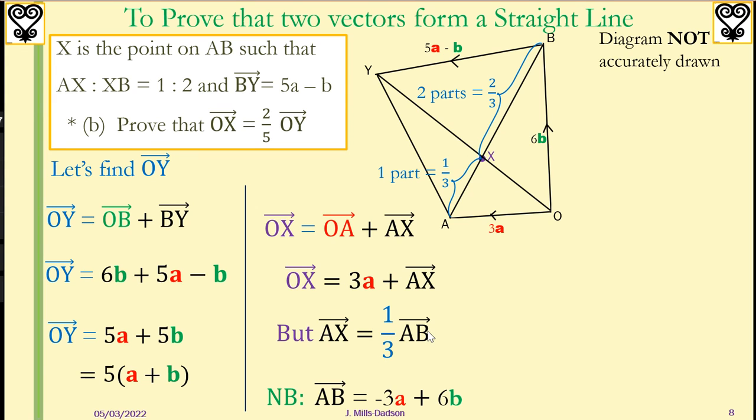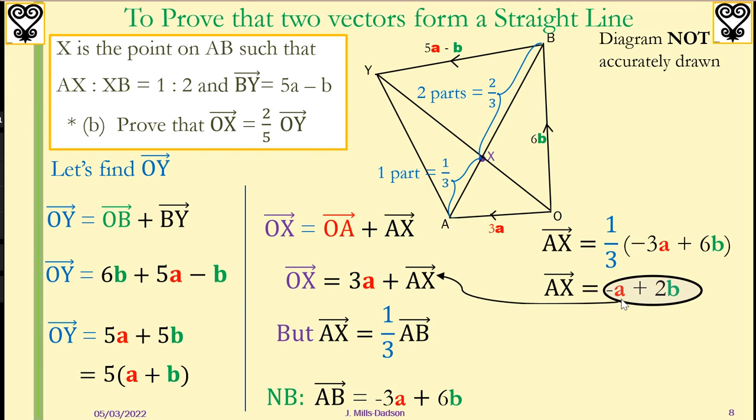And from previous working out, we worked out AB as negative A plus 6B. So we are going to multiply through by 1/3. AX becomes negative A plus 2B. Remember, this becomes negative 3A/3 and 6B/3, and that becomes negative 1A plus 2B.